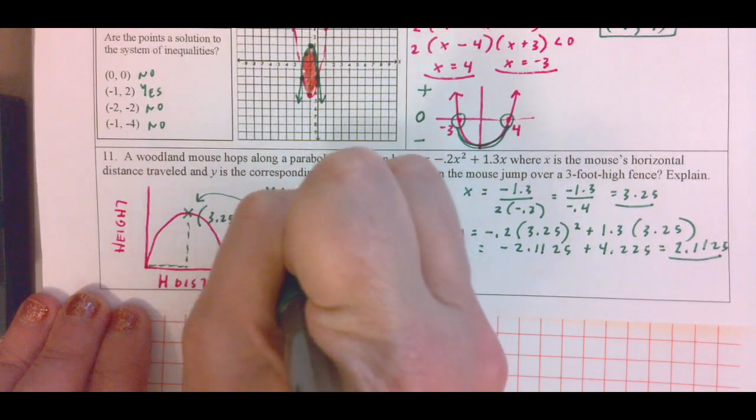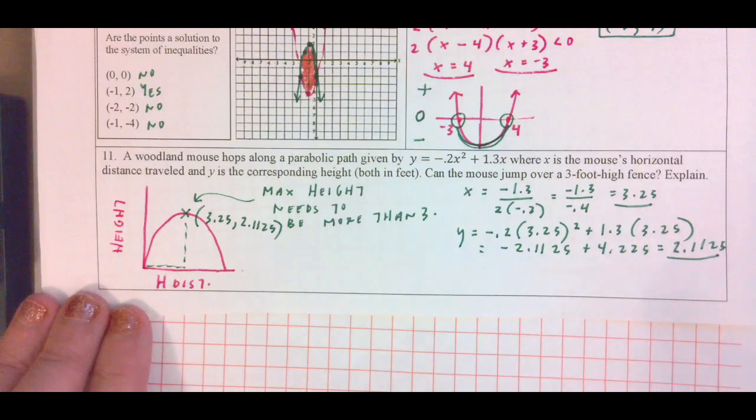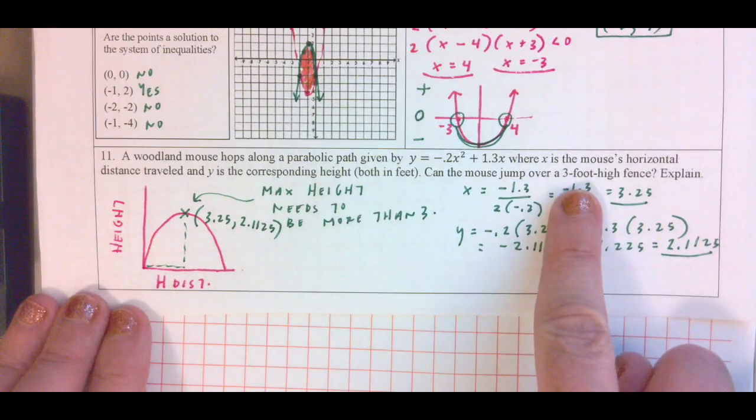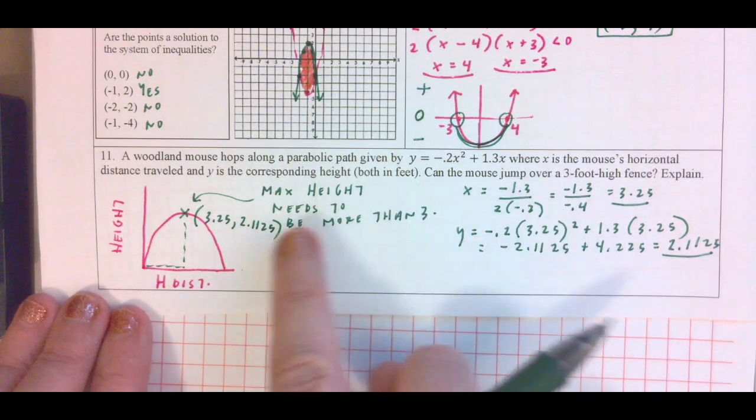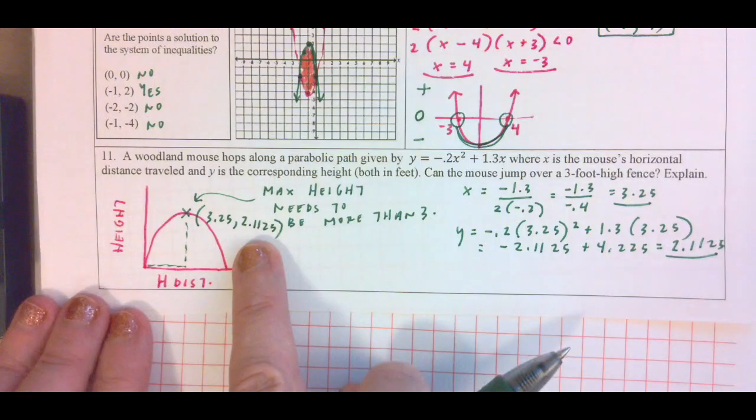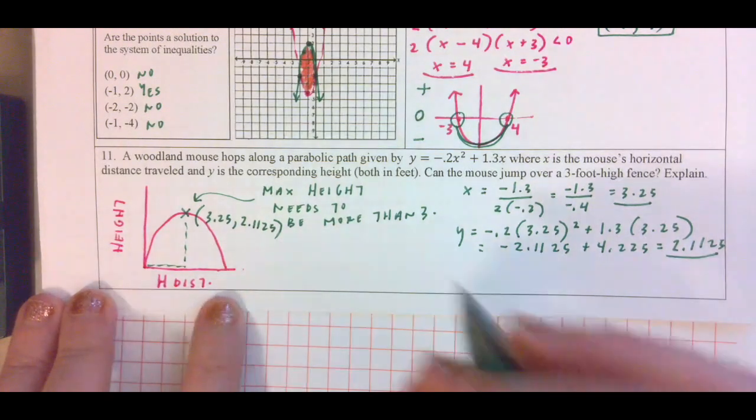So poor mouse, to clear that 3-foot fence, needed to be more than 3 feet. But yet he's only 2.1125. So the mouse will hit the fence.